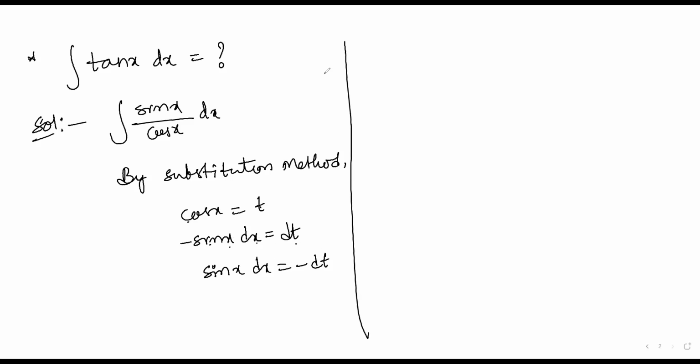So then what you'll get is integration of tan x dx is equal to integration of, taking cos x as t, with sin x dx as minus dt. You write it like this: minus outside, integration of 1 by t dt.